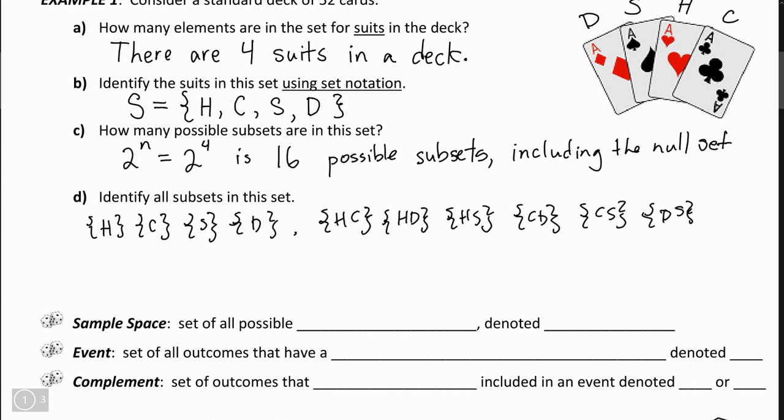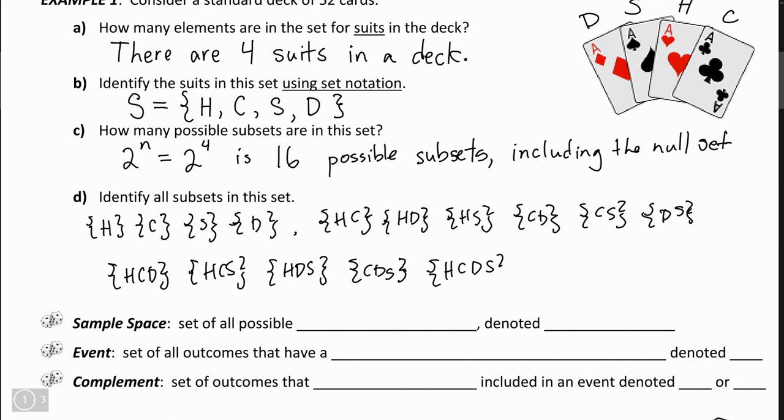Then you can have the ones with 3 of them inside: HCD and HCS. Here the order doesn't matter, so we're just listing the one combination, HDS, and then CDS. Then you have the one where you have all 4 of them as your set.